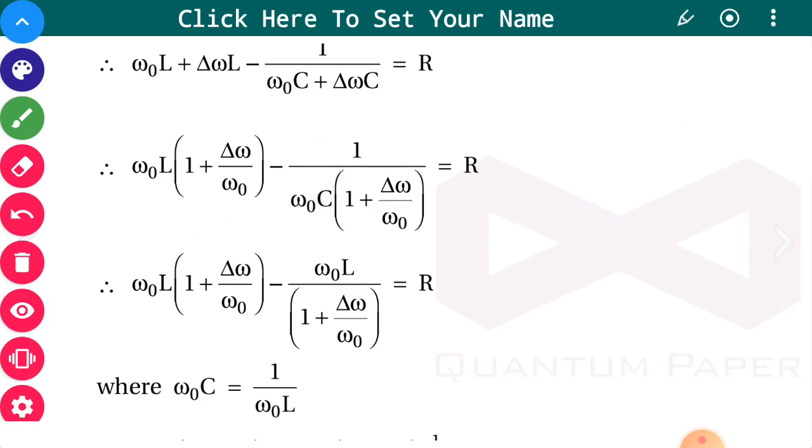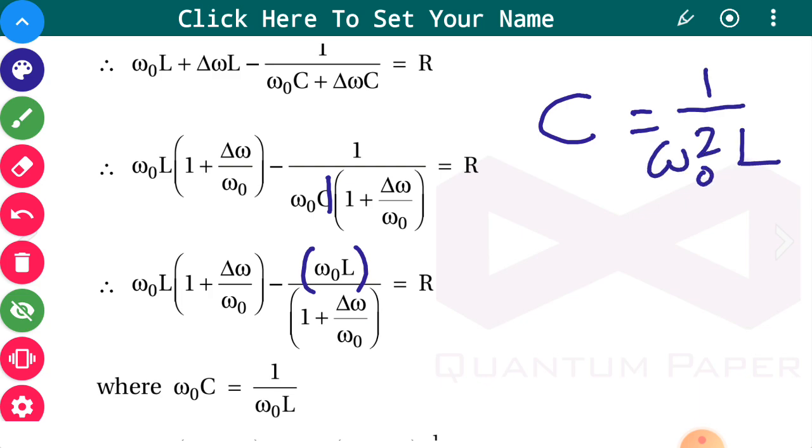Okay, so it is clear now why this omega 0 L has come here. Instead of this C we are placing the value. Why C is equal to, as you know, 1 upon omega 0 square into L. So instead of this C we have to write this value. So that omega 0 L will come, and that omega 0 L can be taken as common.